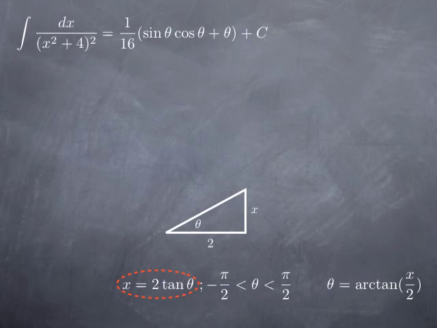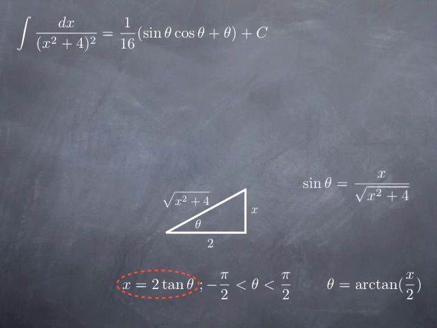And the remaining side, using the Pythagorean theorem, is of course square root of x squared plus 4. So now we are in a position to replace everything in terms of x, because now sine of theta is the opposite side over the hypotenuse, in other words x over root of x squared plus 4. Cosine is the adjacent side over the hypotenuse, 2 over root of x squared plus 4.